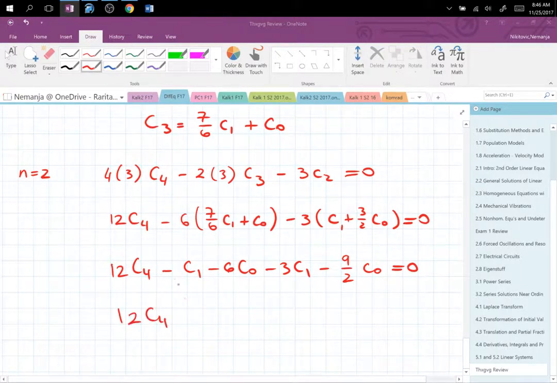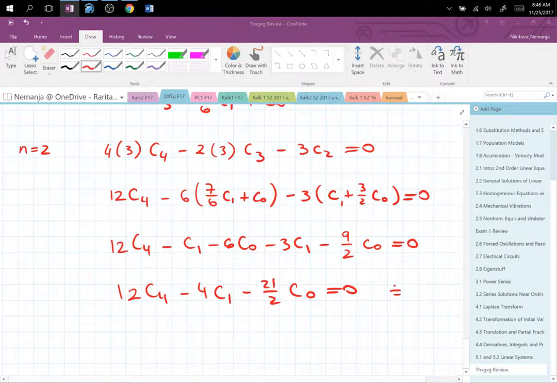12 c4 minus 4 c1, and then this is 12 minus 21/2 c0 equals 0.